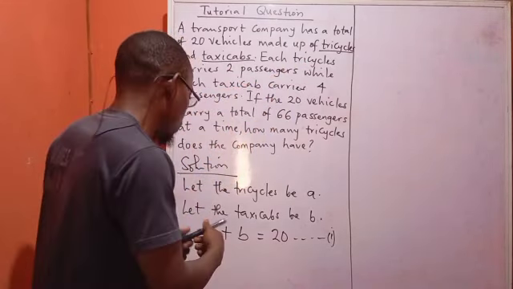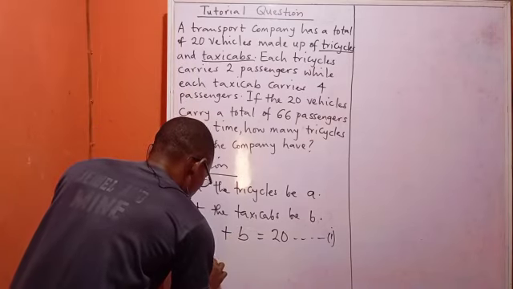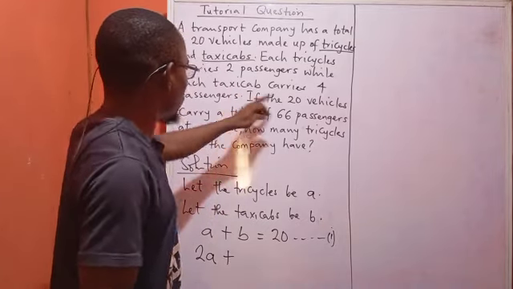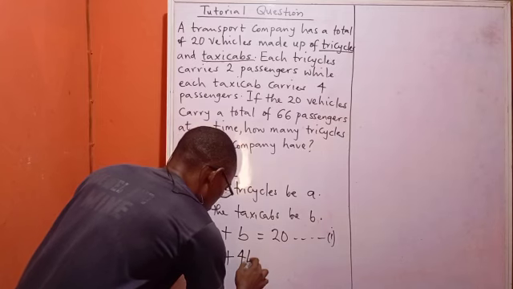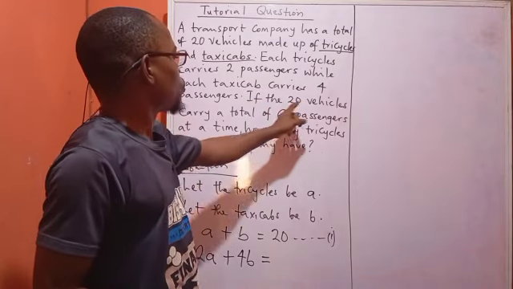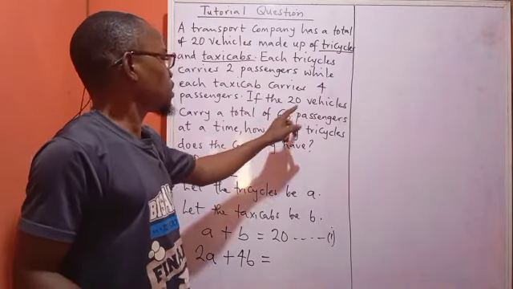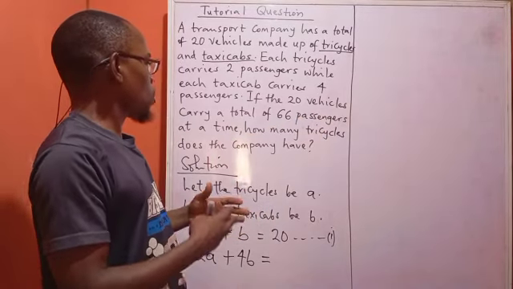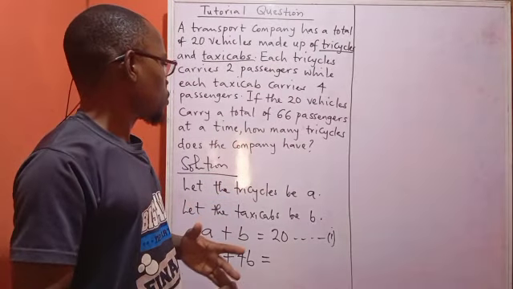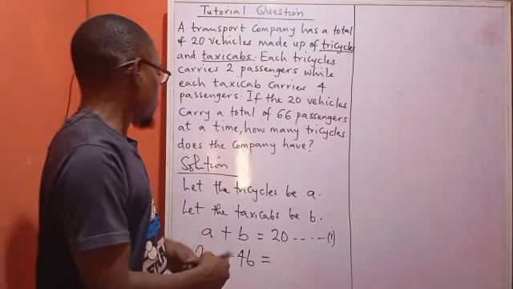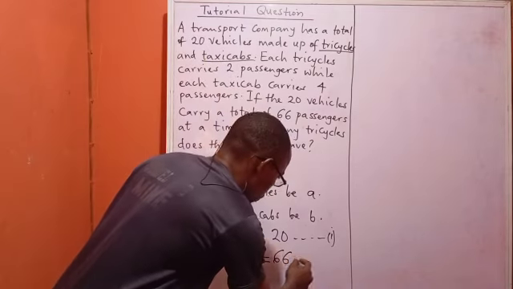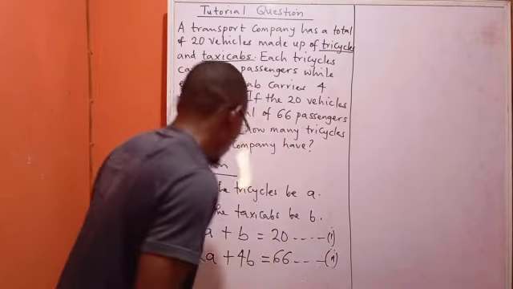We will now have 2A plus 4B equals, and they say if the 20 vehicles carry a total of 66 passengers, so the combination of what the tricycle carries and what the taxicab carries, the total is 66 passengers at a time. This leads to equation 2.